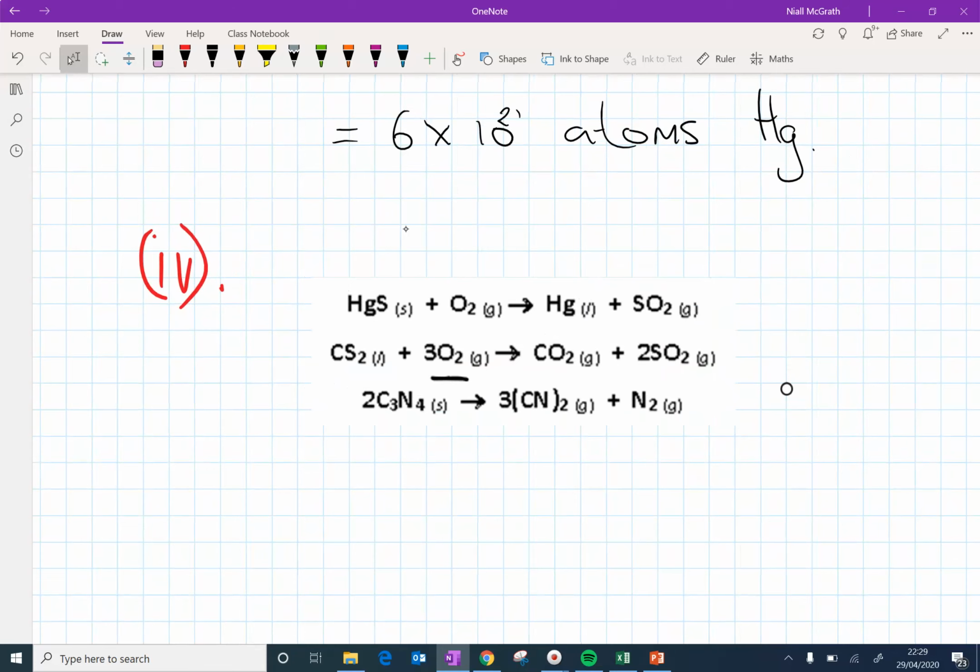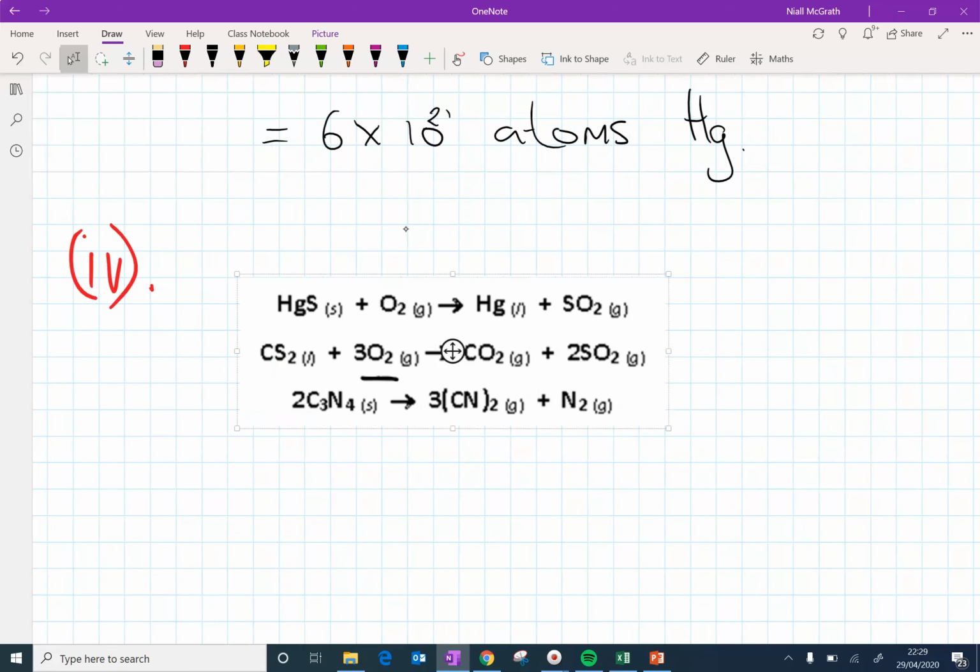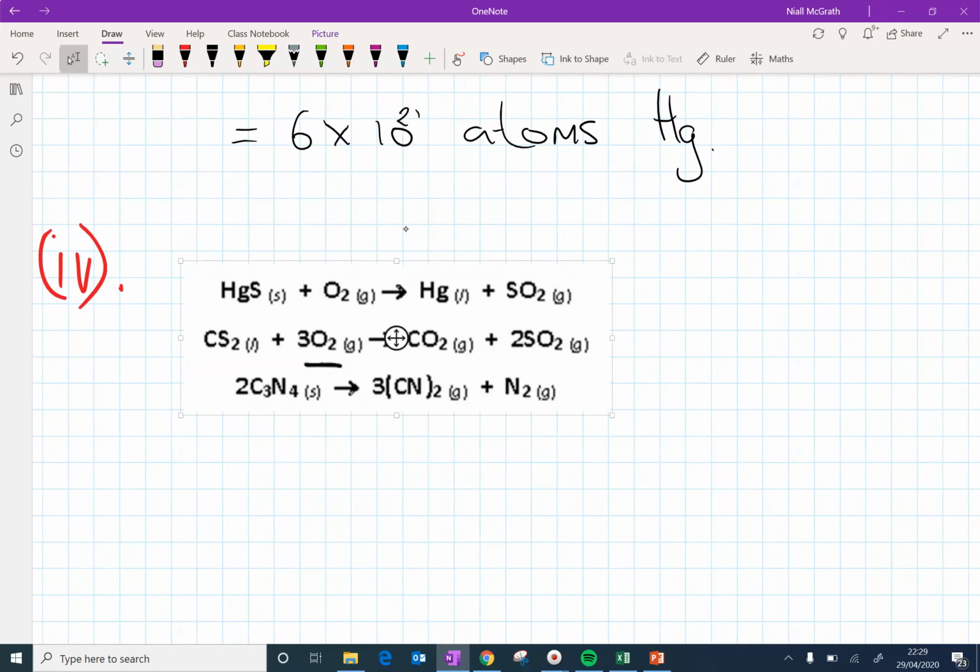We're looking at the amount of gaseous product that we formed in these reactions. So that means we're looking at the amount of SO2 that we created, the amount of carbon dioxide we created, because that's all gaseous, CN2 and N2. We're looking for the amount of each of those that we have produced in moles, working with the information that we already have using our ratios and so on.